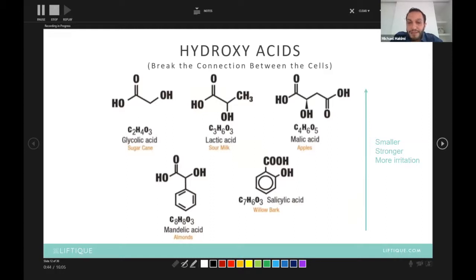Think of it: a molecule that's bigger can't penetrate through your skin pores easily, right? So the bigger the molecule, the less reactive and the easier it is on your skin.